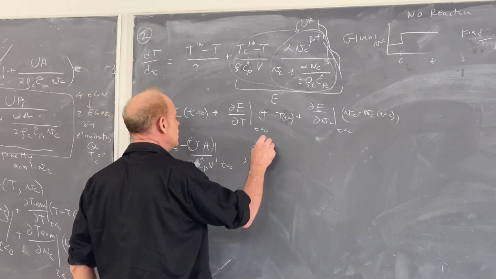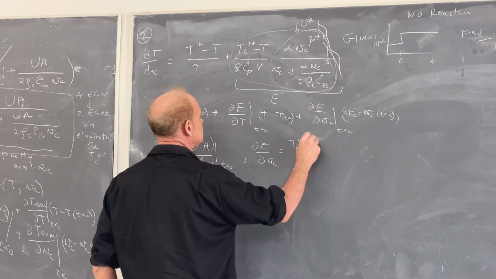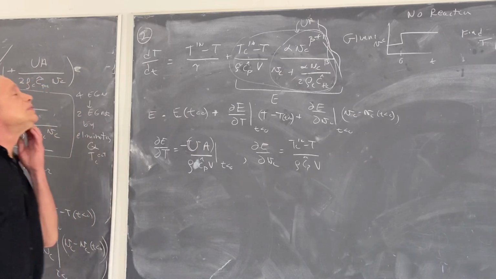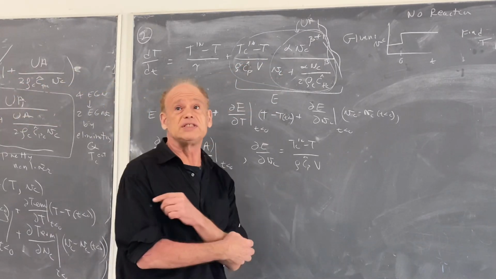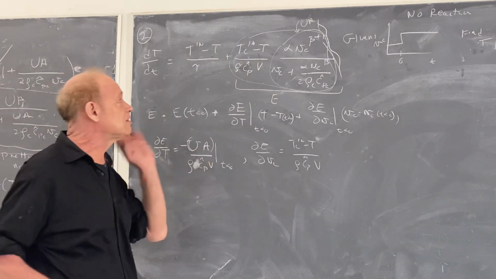And dE/dVc, well, that's equal to Tc in minus T over rho Cp V times the derivative of this with respect to Vc. So it's a mess, but I'll just do the algebra quickly. It's just the product rule.